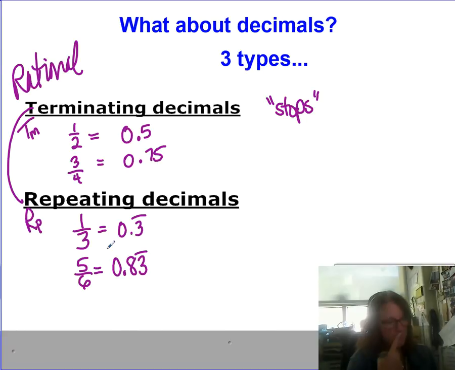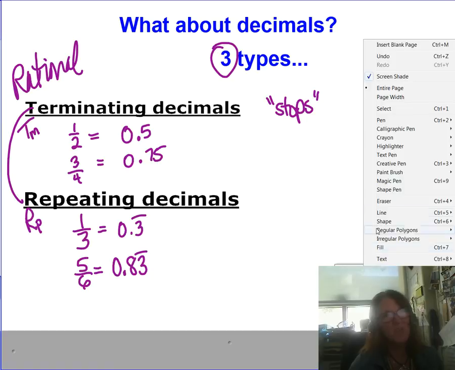Now, you'll notice that decimals really come in three types. Yes, terminating ones. Yes, repeating ones. And what's the third one? The third one is the strange one. The third one is the one that doesn't behave well, meaning it's unpredictable, it's bizarre, it doesn't make sense, I don't see a pattern.